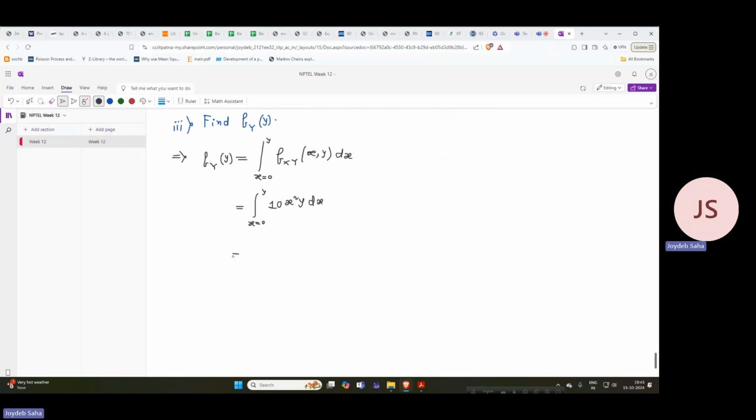Okay, so if we integrate it with respect to x, then what will we get? It is 10 x cube y upon 3, and the value of x is equal to 0 to y.